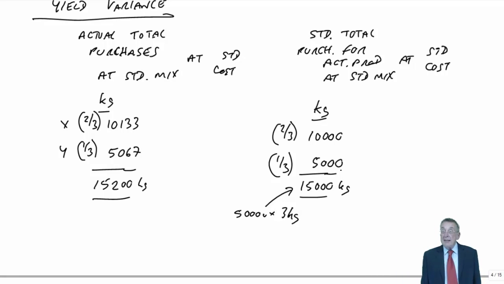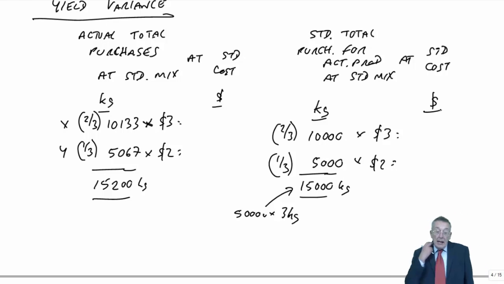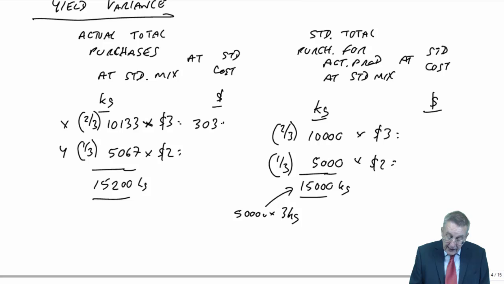We need to cost it clearly to get the variance. We cost at standard cost, $3 and $2 in both cases. Actual total purchases, standard mix, comes to 45,333.